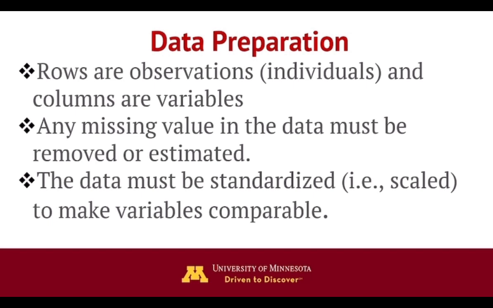Maybe one is age, the other is income, and they are all in different units. For the variables to be comparable, they need to be scaled, which means you standardize them by getting the z-score for each. We do that for comparability.